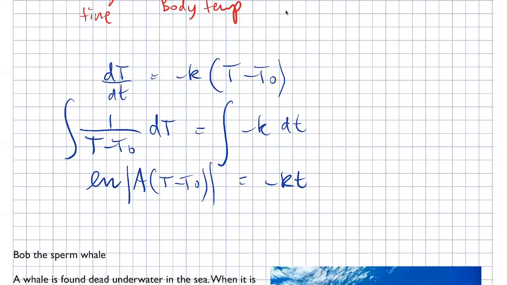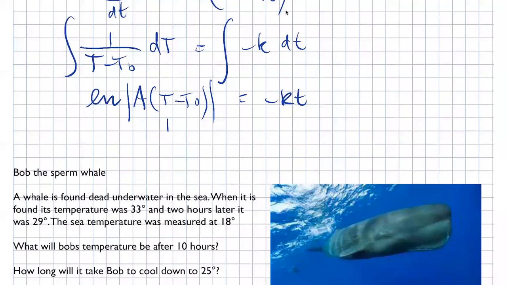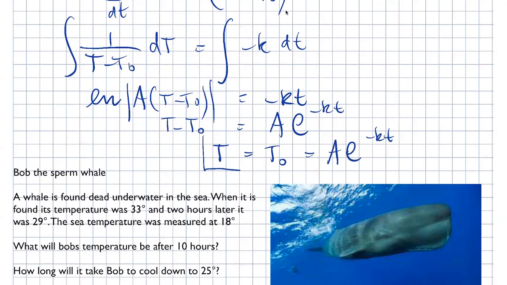And then lastly, what we do is sort of anti-log it, and therefore I get T minus T0 is equal to A e to the negative kt, because that A can just switch sides. And then if we make T the subject, I get T equals T0 plus A e to the negative kt. And that's the equation of Newton's law of cooling, and we just managed to squeeze that in.